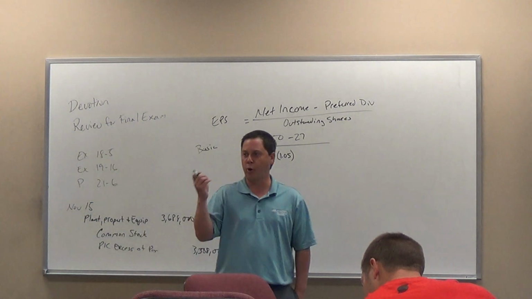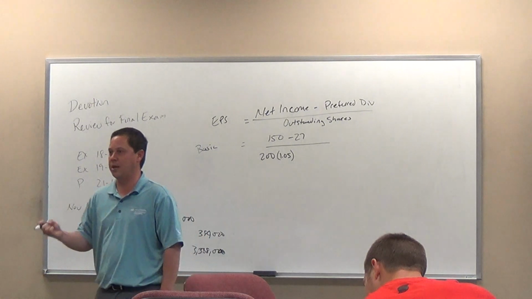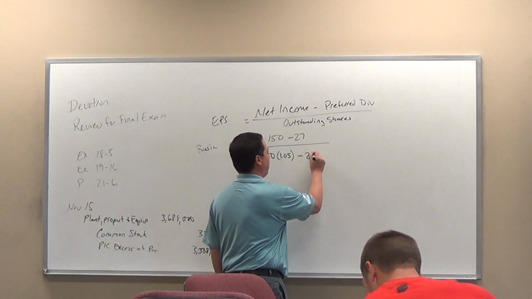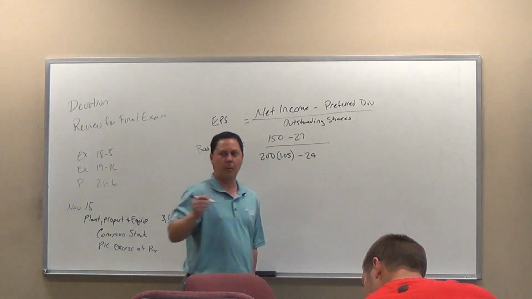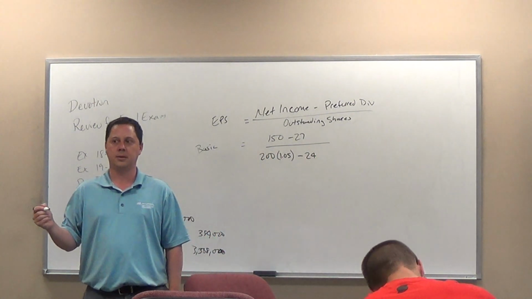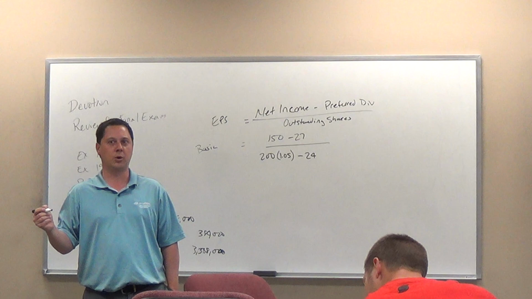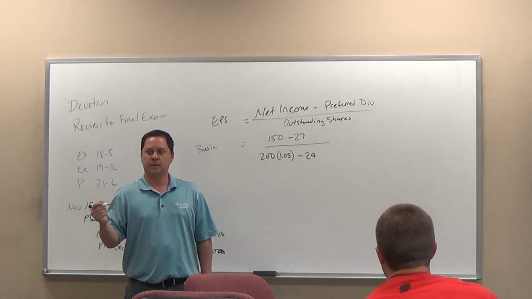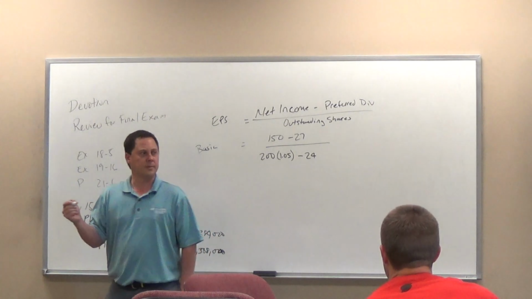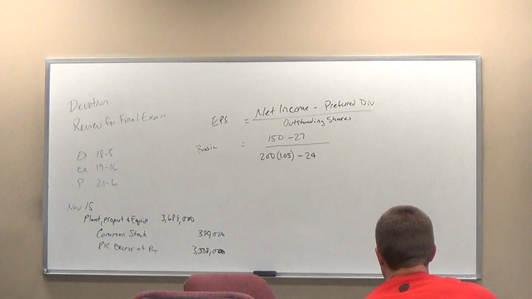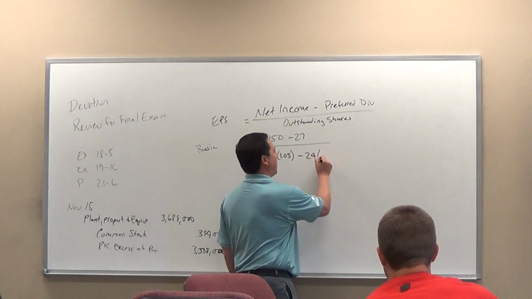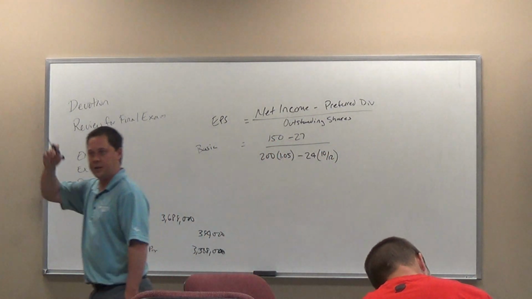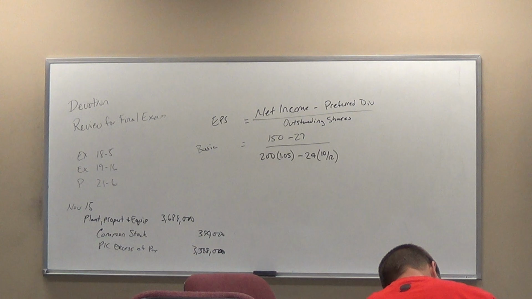So they purchased back stock, so we took away stock that's out there, right? So we're going to take away 24 million shares, but we did that on what date? March 1st. So that means I have 10 months left, right? Because I used up January and February.